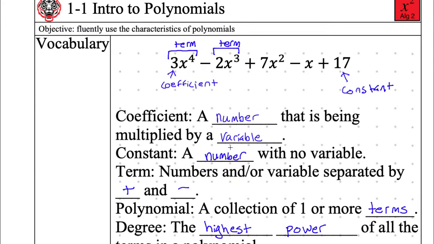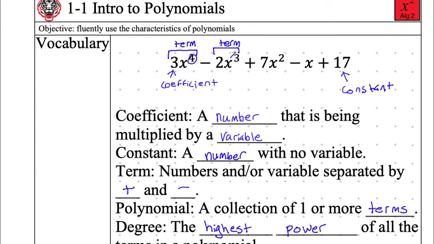So if I come back up here, the highest power, well, that's a power of 4, 3, 2, kind of an invisible 1, and 0. Secondly, x to the power of 0. Don't put the 0 on 17. So the highest one was 4. So this is a degree 4 polynomial. I'm just going to say degree 4 poly because of this 4 right here.